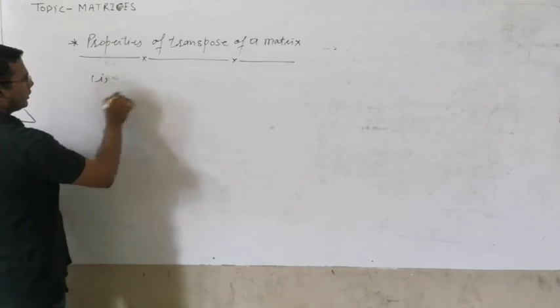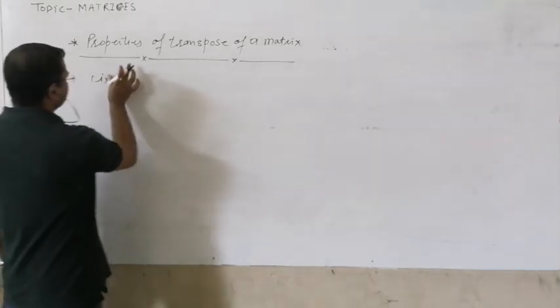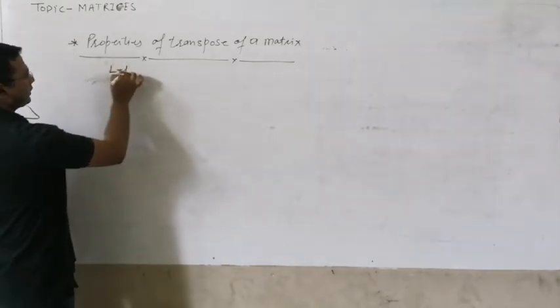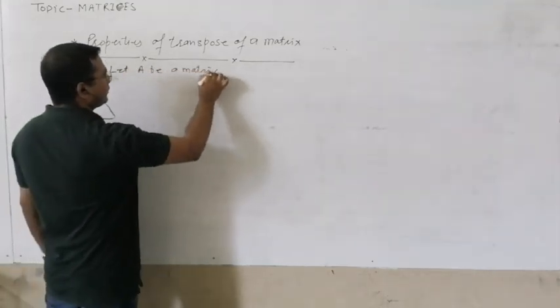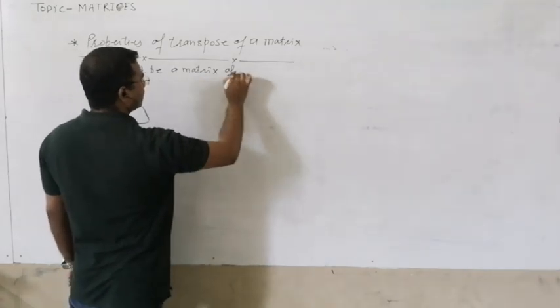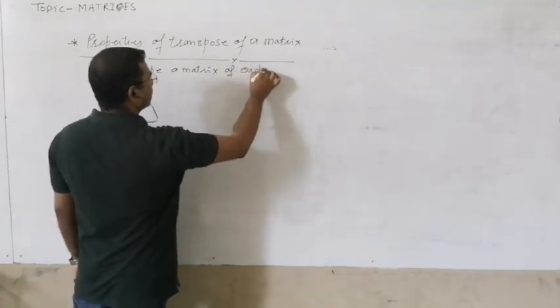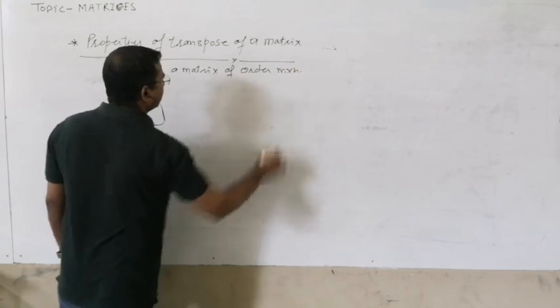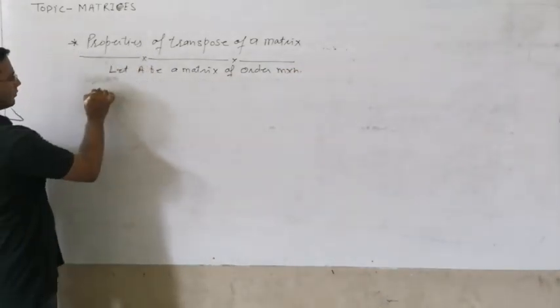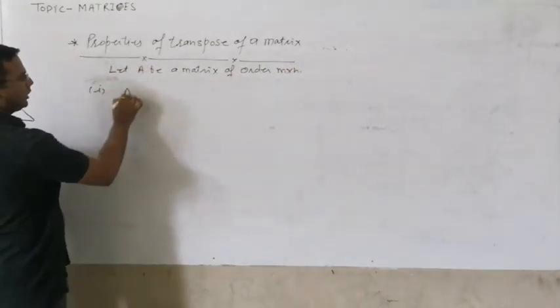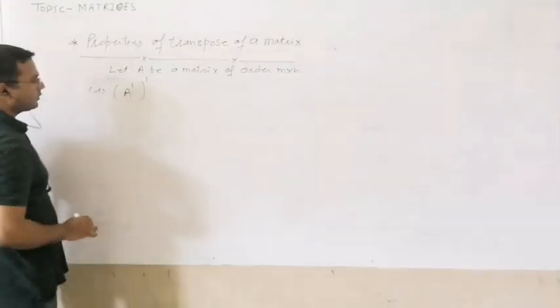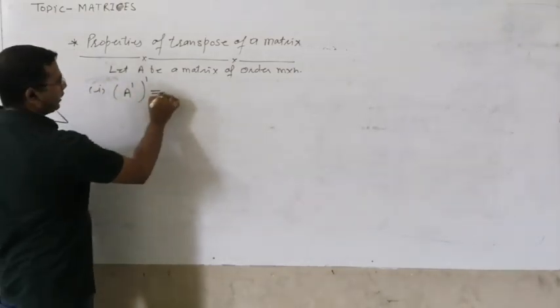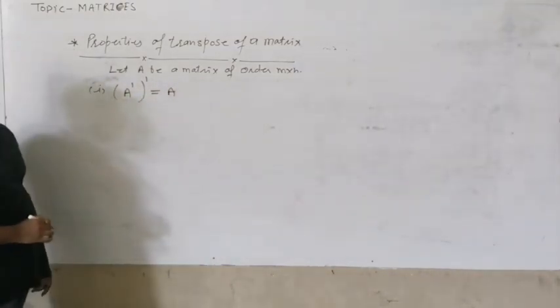Number one, before that we can write, let A be a matrix of order m by n, then the first property it holds: if we find out the transpose of a transpose, what happens then? It becomes A. Means it becomes equal to the matrix only.